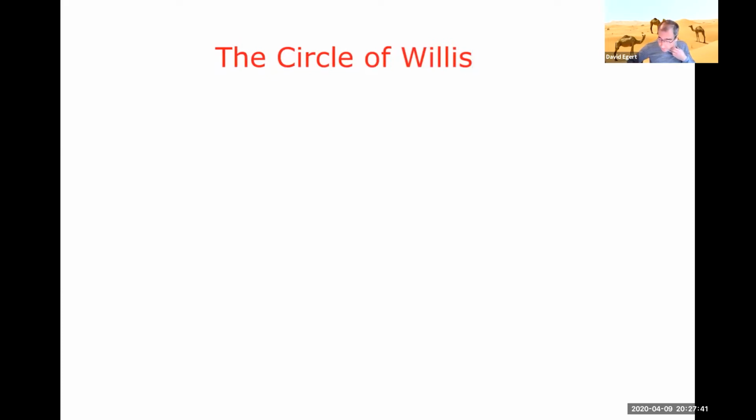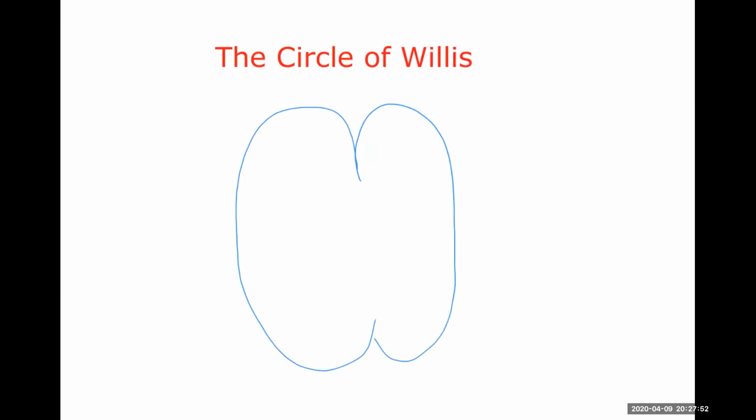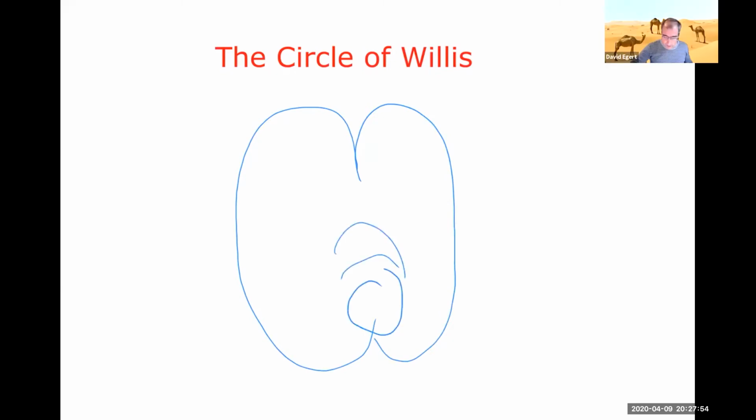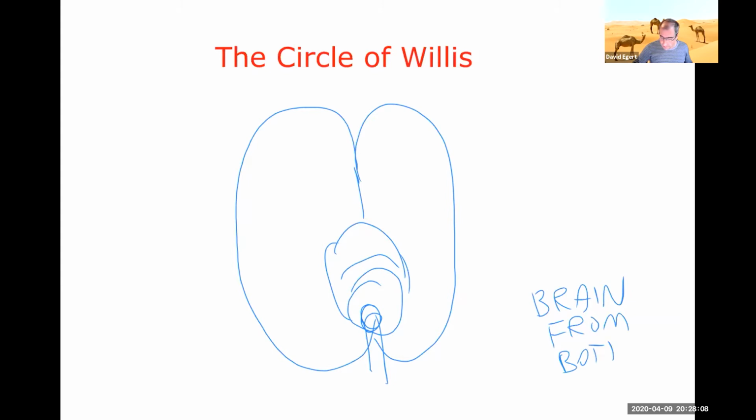All right, so the circle of Willis. First, we need to bring in the brain. Let's make it red. There's the pons and the medulla and the brainstem. So this is the brain from the bottom. This is the back.